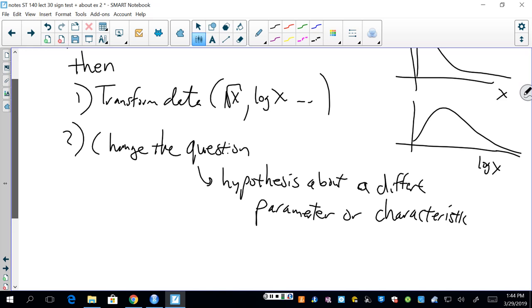The first one we're going to look at is something called the sign test. We're going to make an assumption about the median rather than the mean and see what difference that makes.